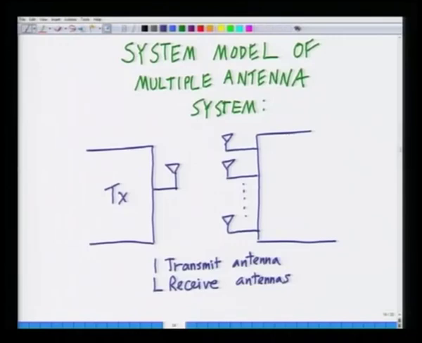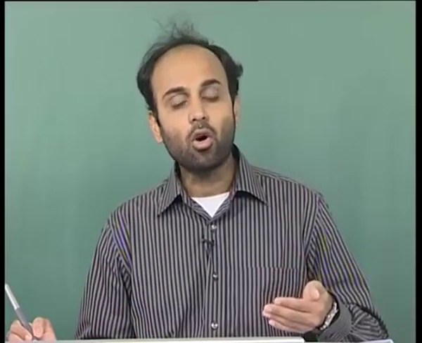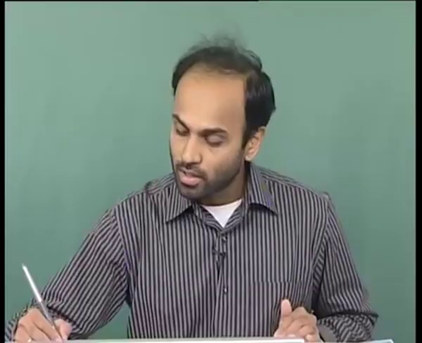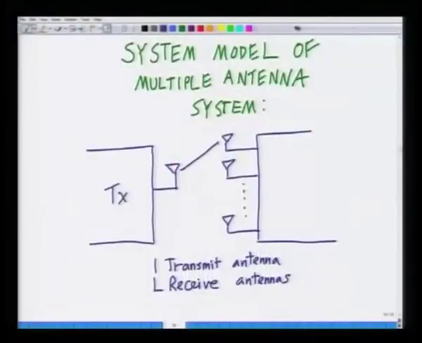In such a system, I receive L copies of the signal, because look at this, there is one link between transmit antenna and receive antenna 1, one link between transmit antenna and receive antenna 2, so on and so forth until one link between transmit antenna and receive antenna L, which means I will receive L signal copies.